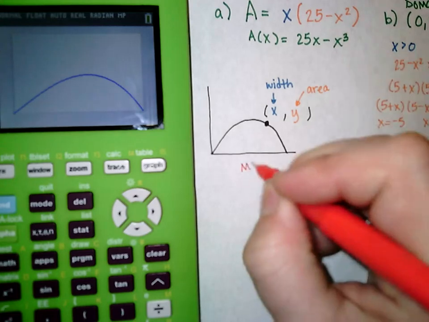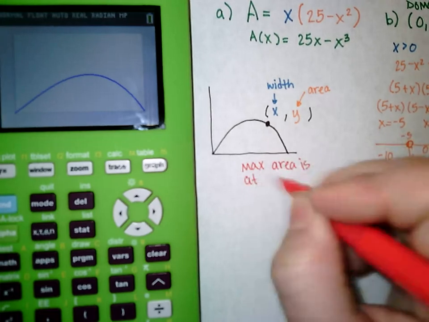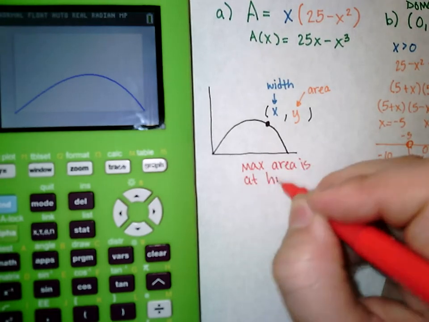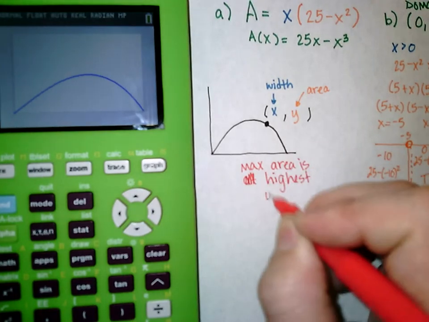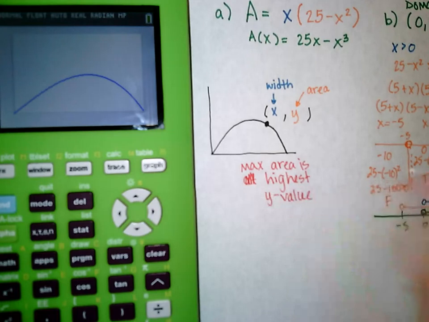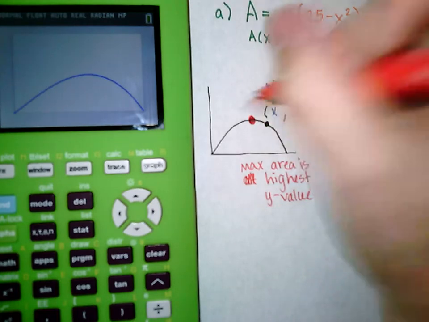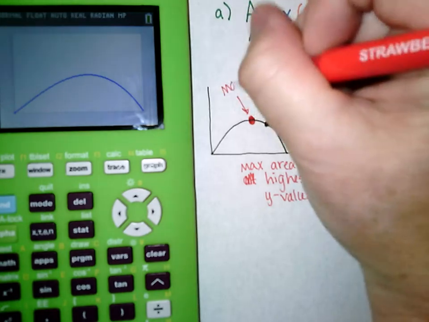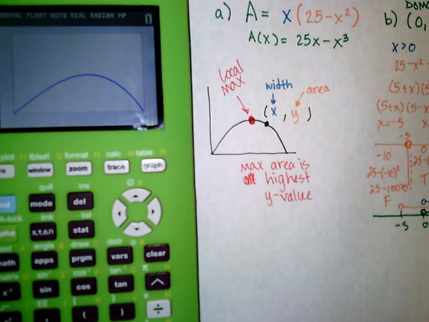So the max area is going to be at the highest, well, it is the highest y value. And that's going to happen at the maximum right here.